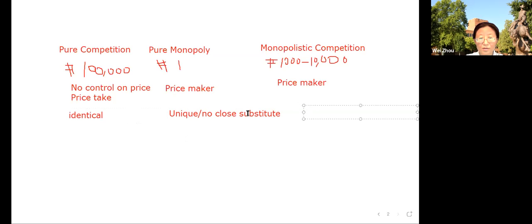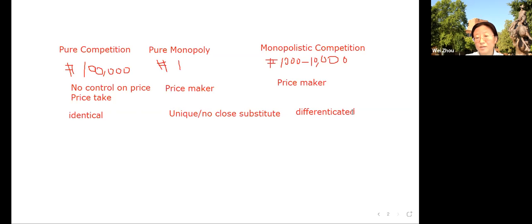How about monopolistic competition? Differentiated. It does not have to be unique, but definitely not identical.